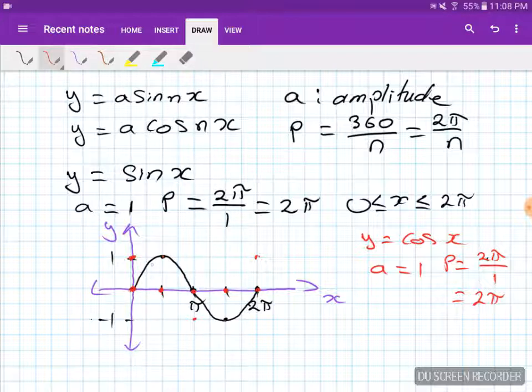I start from 1 going down, and again, look where you're going, then going up. So this is the cos graph, and the sine graph is this one here. That's what it looks like. Thank you for watching this video.